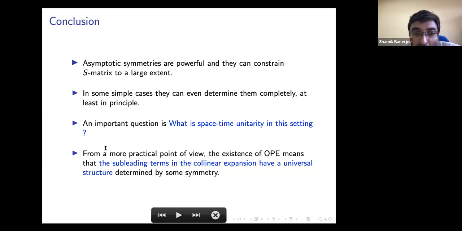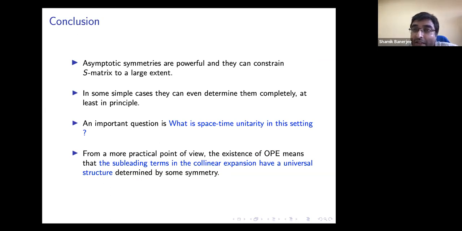And then of course, the other questions, the more technical ones, are that from a more practical point of view, the existence of the OPE means that the subleading terms in the collinear expansion have a universal structure determined by some symmetry.